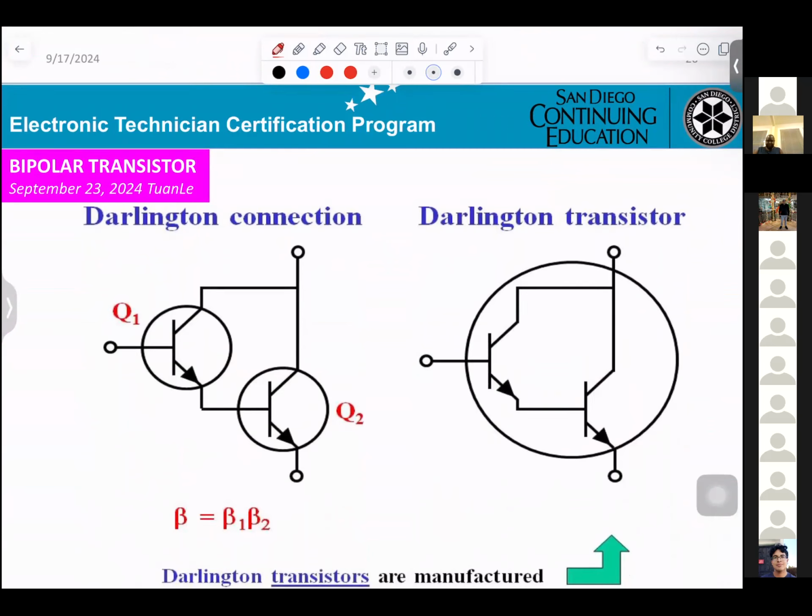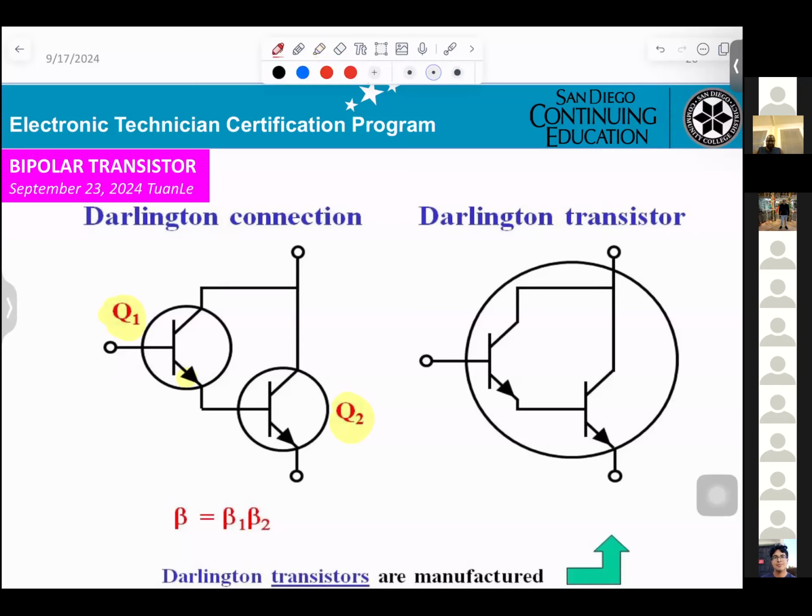Darlington connection. That means you get Q1 connected to Q2. Now, they connect the output of Q1 to the input of Q2. What do they want?